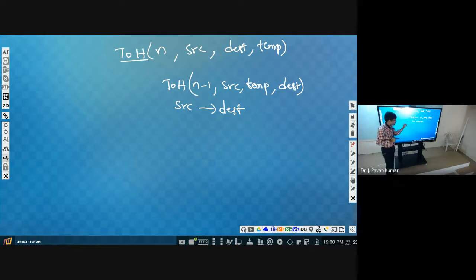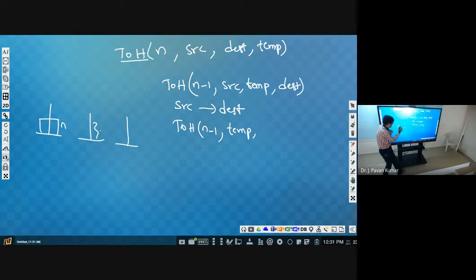Next, we have to move the remaining n minus 1, which we have at temporary. The source will be temporary, and the destination for those will be the destination itself. We have a total of n.